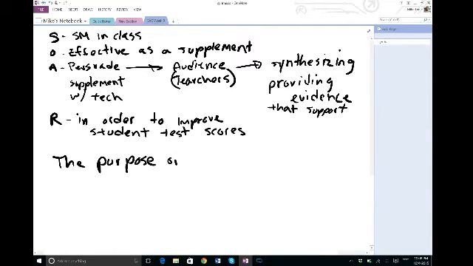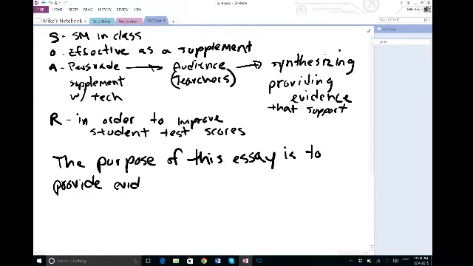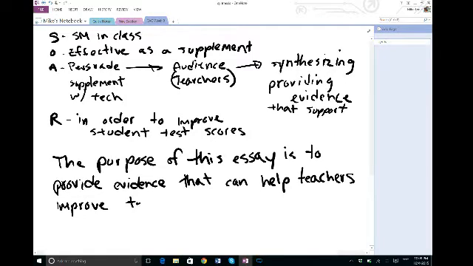But nonetheless, the purpose of this essay is to provide evidence that can help teachers improve test scores in their classroom.